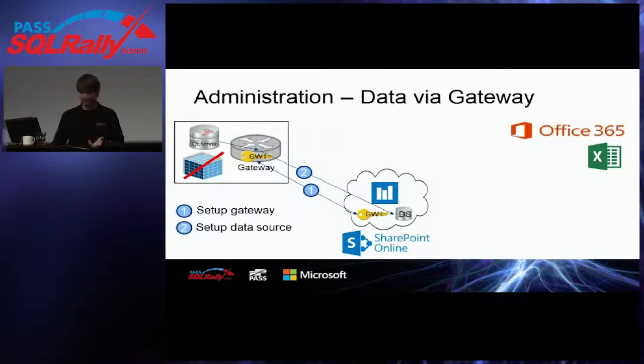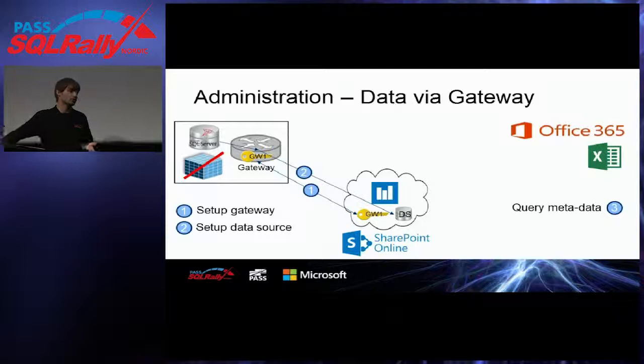So once you have set up the data source and the gateway, you can use Excel Power Query to, as you have seen before, use the search box on the right side, featured by Power Query, to search those tables. At first, this is only metadata, so you see which tables exist, with which columns they have.